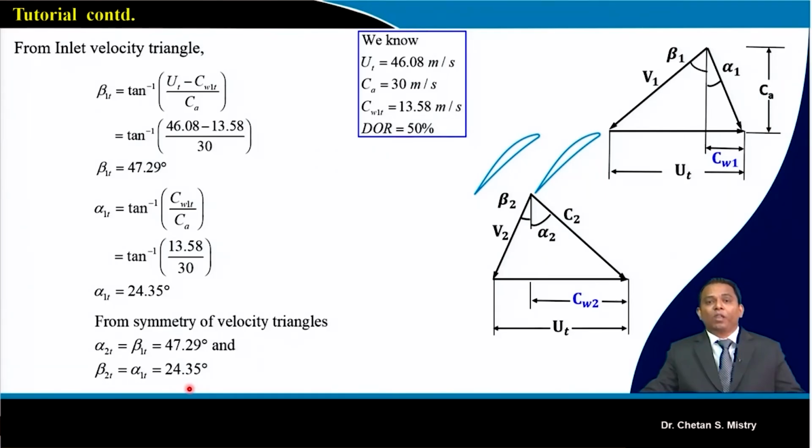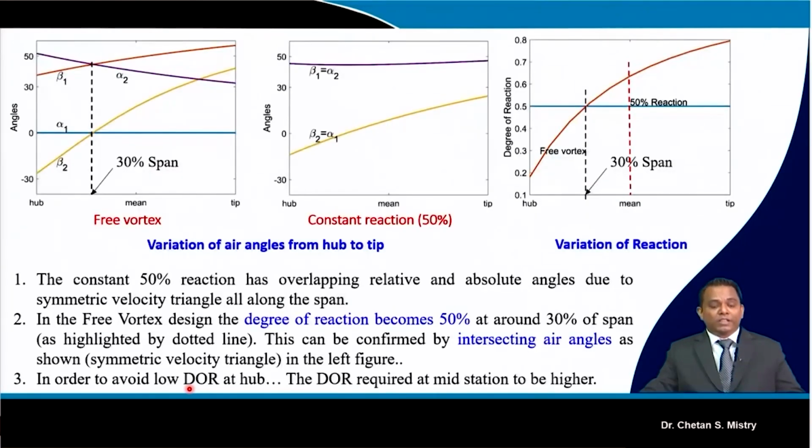Now after doing all this calculation, this is very important, and we need to observe it. This represents the variation of my angle from hub, mid and tip station using the free vortex concept, and this is with the constant reaction concept.